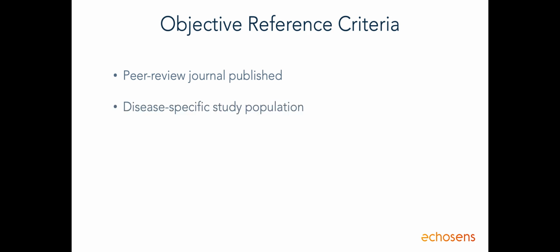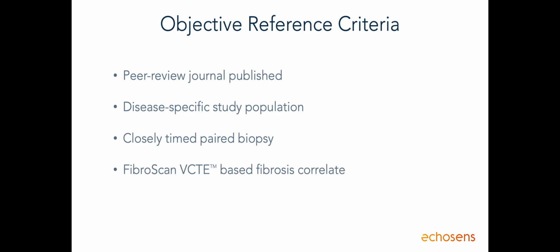In order for a study to be available as a reference publication, that study had to be specifically in the disease population that we're talking about, and there has to be a paired biopsy and FibroScan test done on every patient, and they're closely timed together, as closely timed as possible between when the biopsy was done and when the FibroScan was done. All of the fibrosis correlate values, liver stiffness values, had to come directly from FibroScan VCTE.